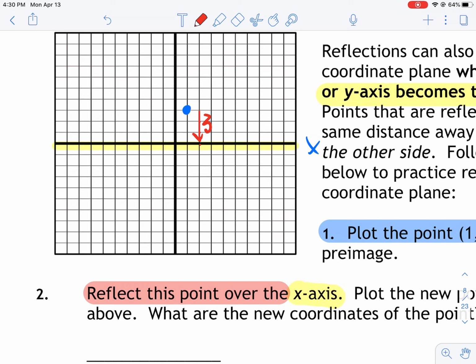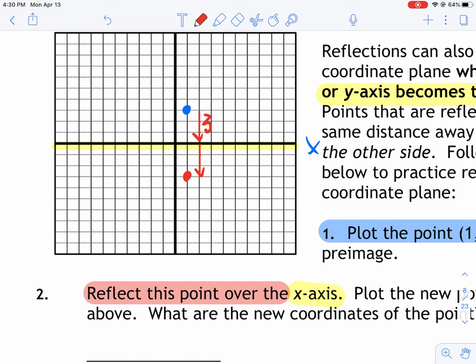So in order to reflect the point properly, I have to move it 3 units to the other side of the reflection line. So 1, 2, 3, just like this. There we go. So my point is going to be right there.